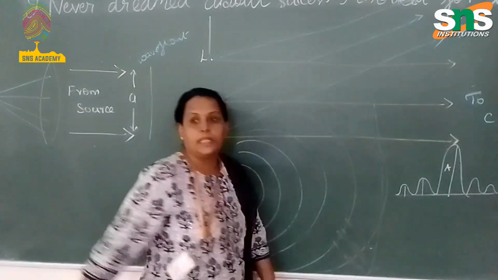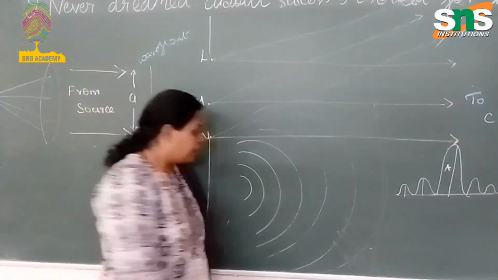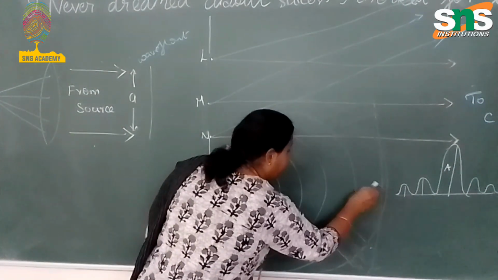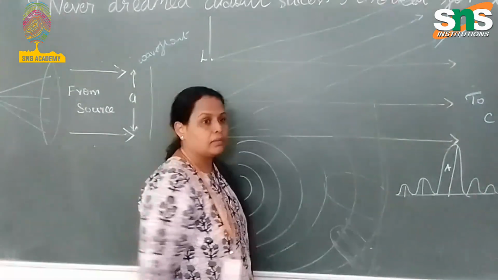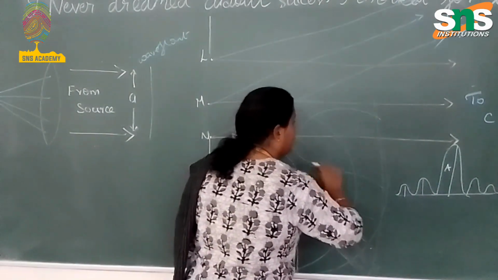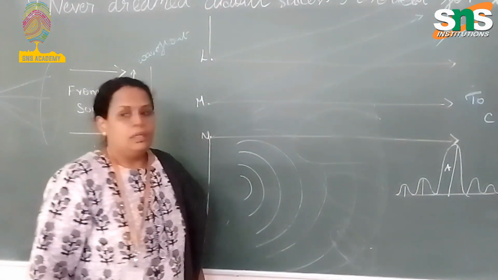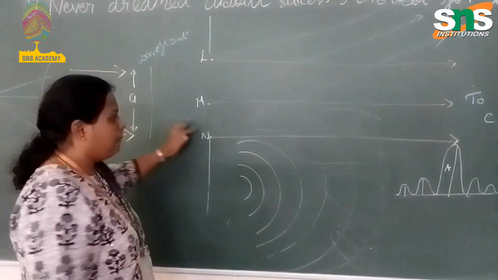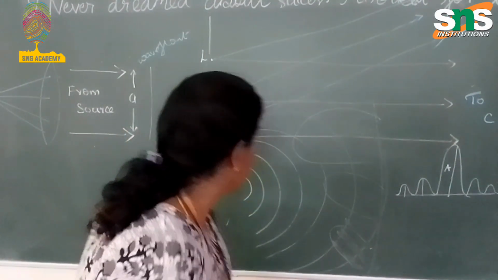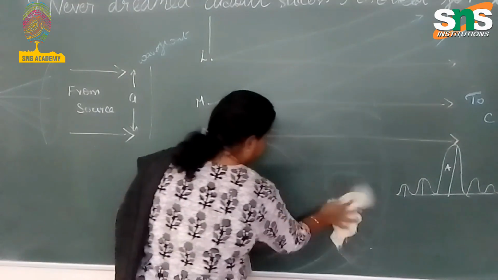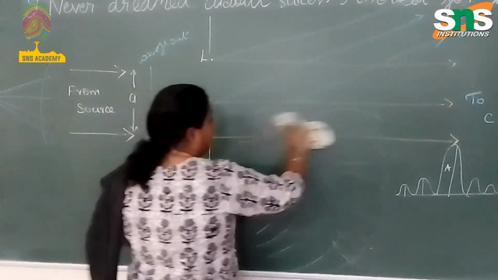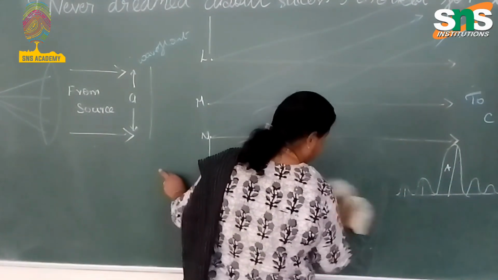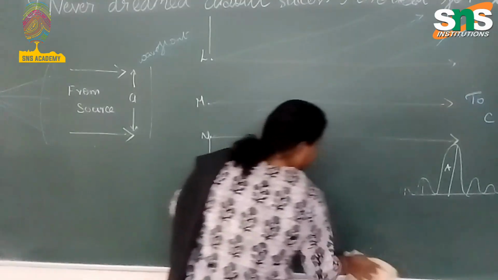Comparing to here, you will be getting more intensity here. Coming to this point, I am erasing all those things. I will be showing the animation also, how in diffraction waves are emanating outside from the source.